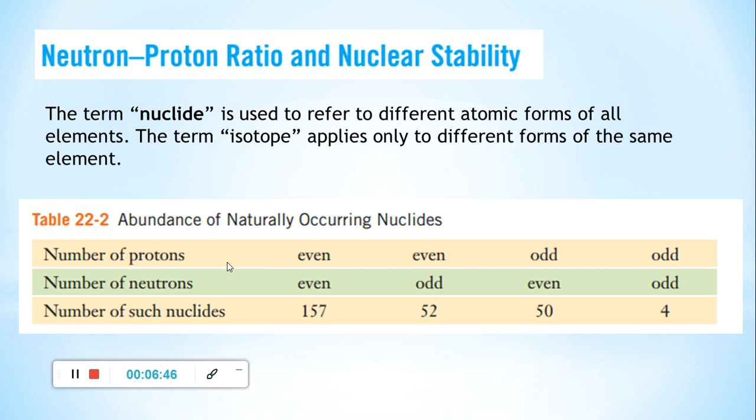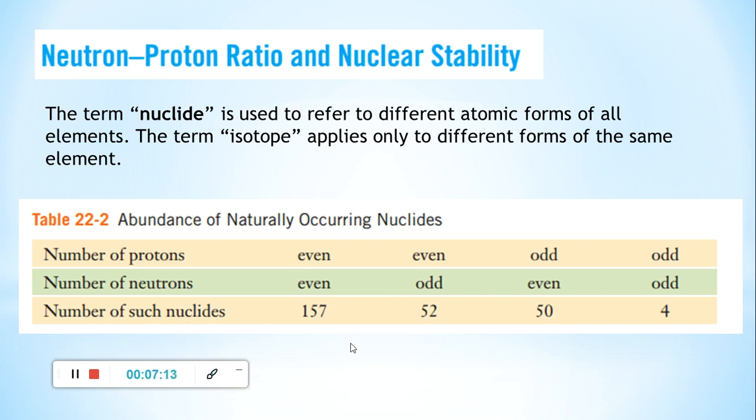We have here the neutron-proton ratio and nuclear stability. The term nuclide is used to refer to different atomic forms of all elements, and the term isotope applies only to different forms of the same element. We have here a table that shows the abundance of naturally occurring nuclides.